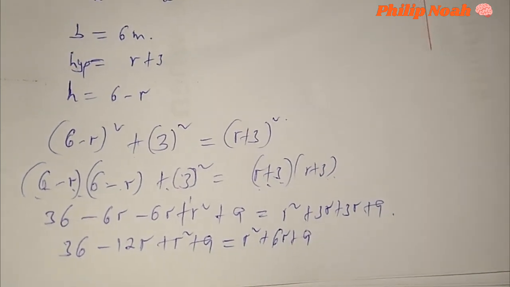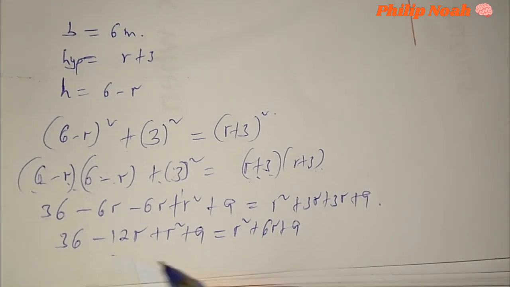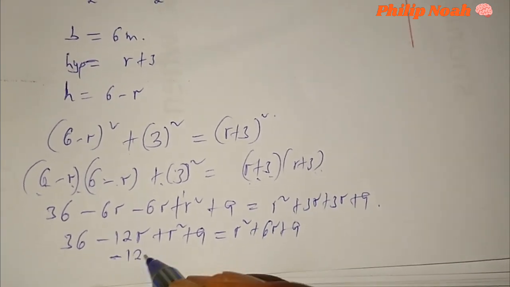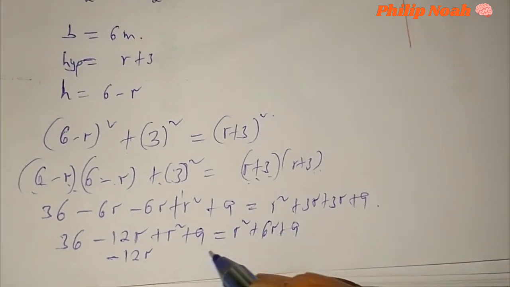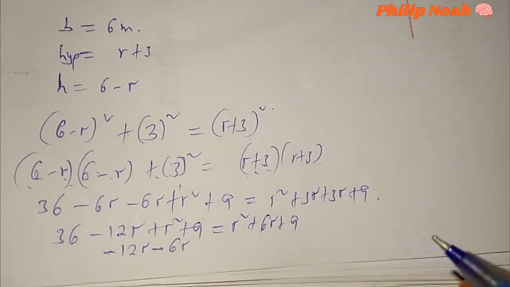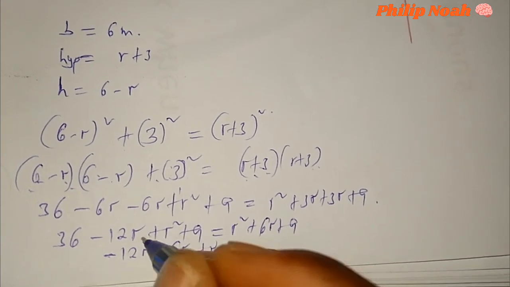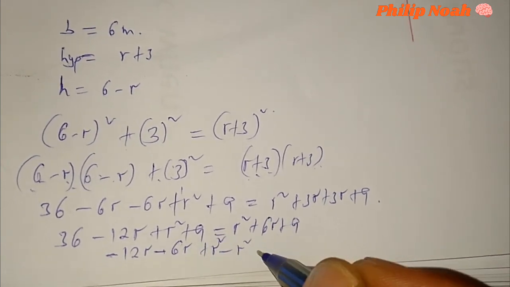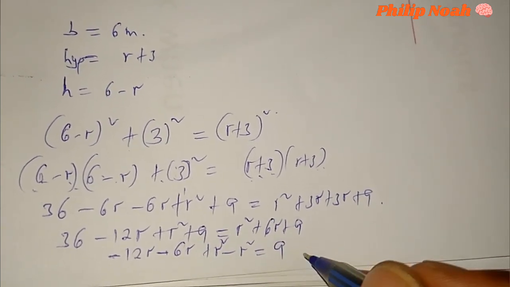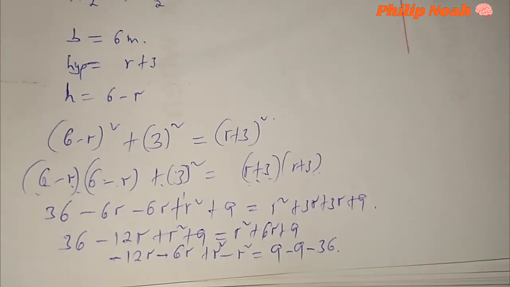If you collect the like terms, we have negative 12r, this one minus 6r, plus r squared minus r squared is equal to 9 minus 9 minus 36.